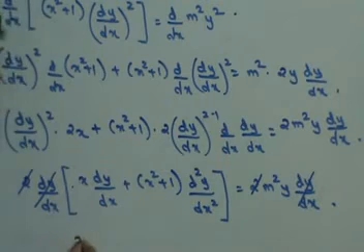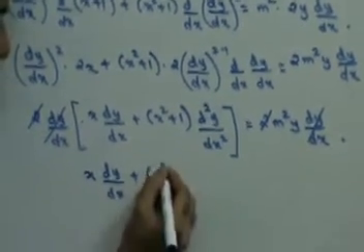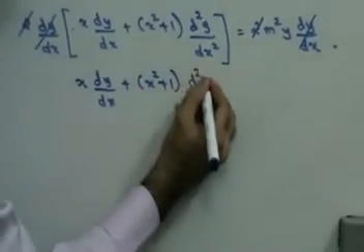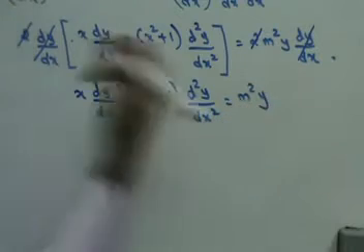So in this case you will get x dy by dx plus x square plus 1 d square y by dx square is m square y.